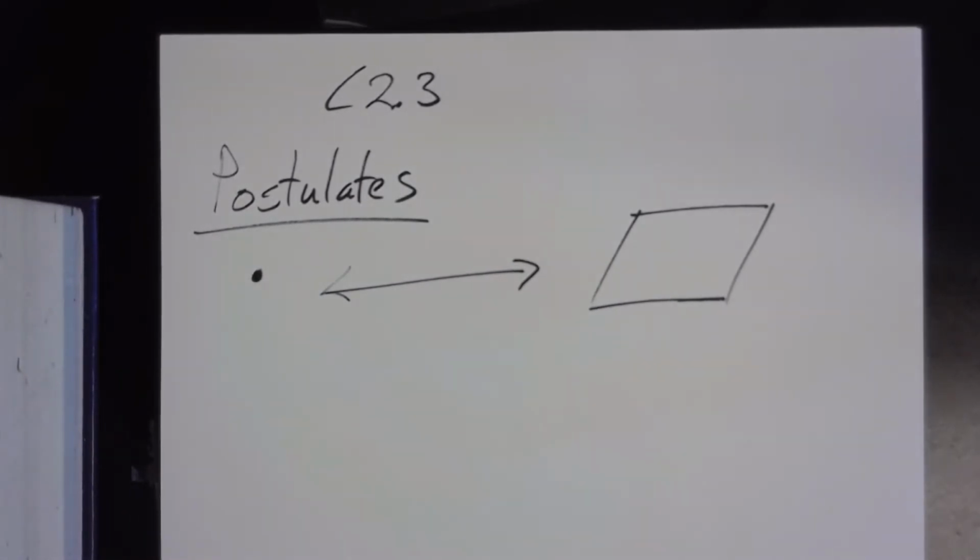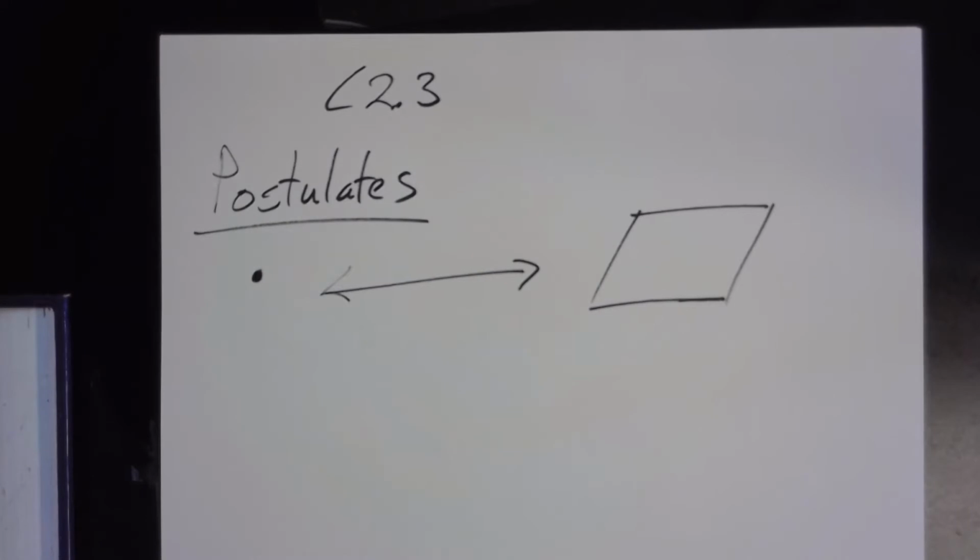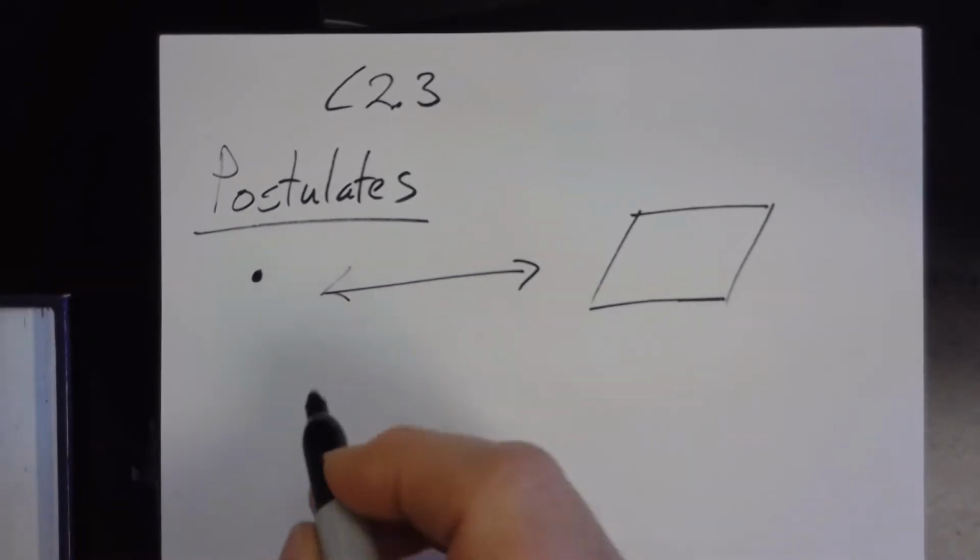So on page 84, there's this one called the two-point postulate. And it says, through any 2 points there exists exactly one line. Well, what does that mean? Through any 2 points there exists exactly one line. Let me just draw a couple of points here.